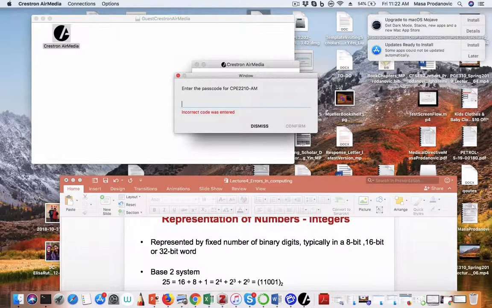It's 0.125 in the decimal system. What is it in the binary system? 001. This one, right? So it's 0 times 2 to the minus 1 plus 0 times 2 to the minus 2 plus 1 times 2 to the minus 3. So it's 0.001.